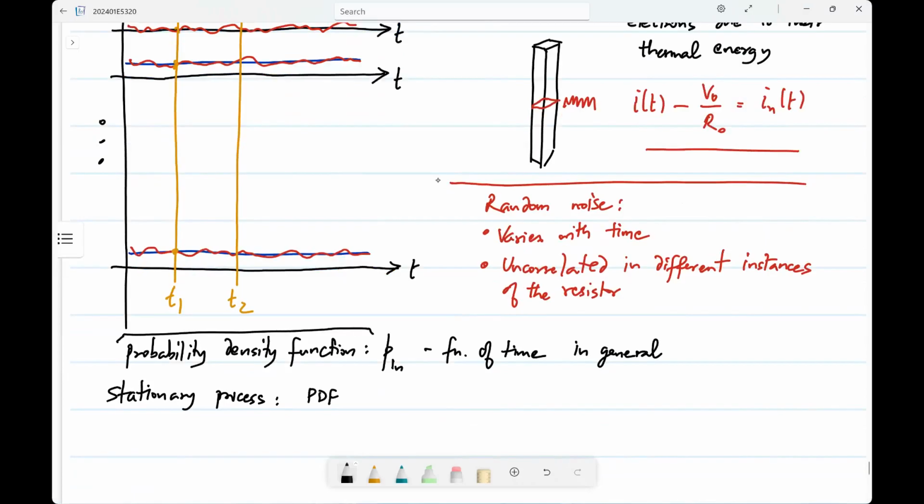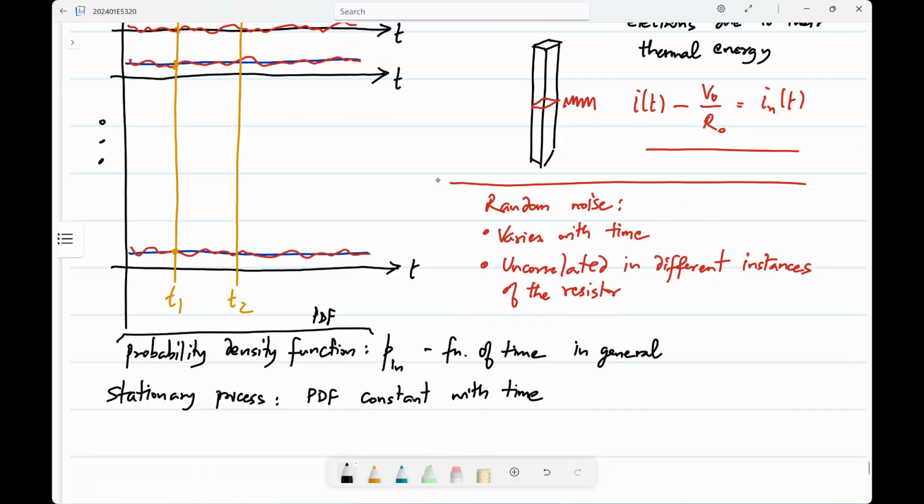This probability density function is abbreviated as PDF. This is constant with time. Now there are some details. Those of you who have taken classes on random processes know that there are stationary processes and wide sense stationary processes.